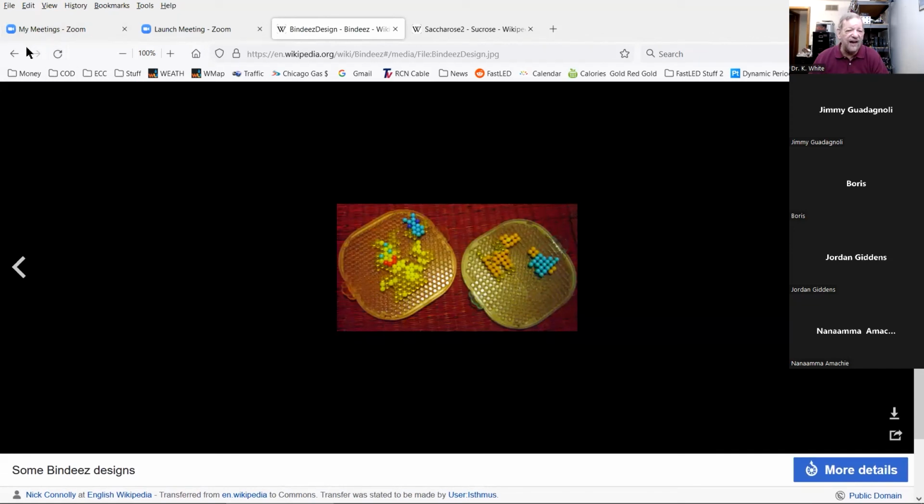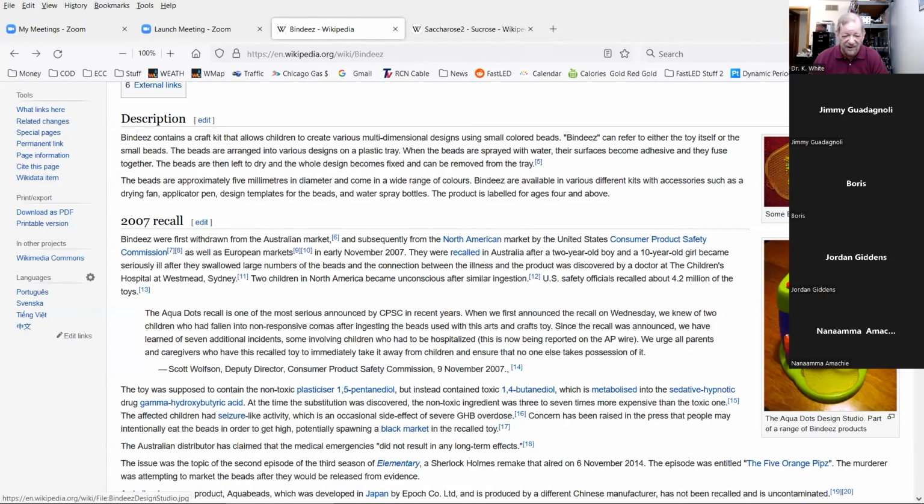Well, if you look at the product, it's got these little beads that are colorful. And guess what? Little kids, who this is designed for, think, oh, is this candy? And they pop it in their mouth and swallow it. Well, it turns out when the company started selling this, they had tested it and it was harmless.